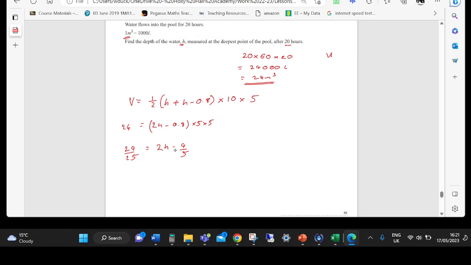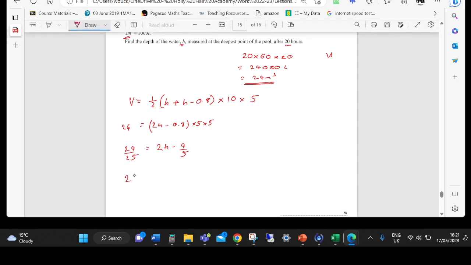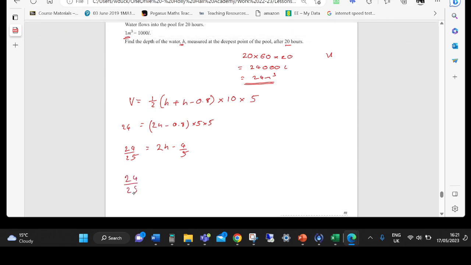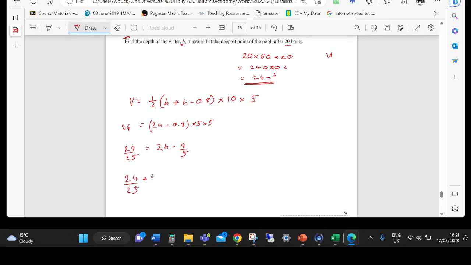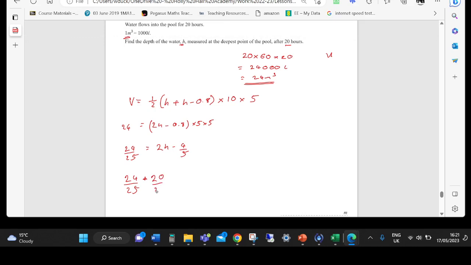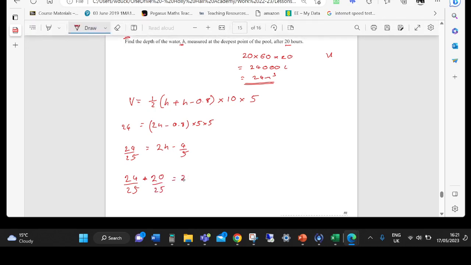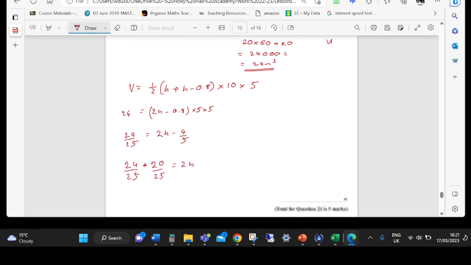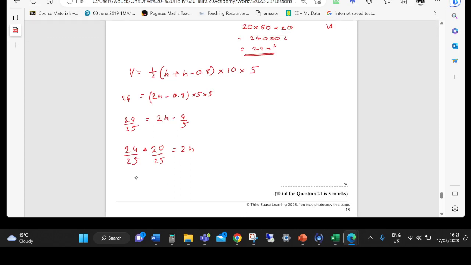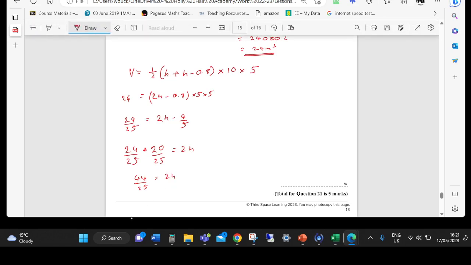So in effect, if I want to add that on here, 24 over 25 plus, if I times that by 5, that would be 20 over 25, is equal to 2h. So that's going to be 44 over 25 is equal to 2h.